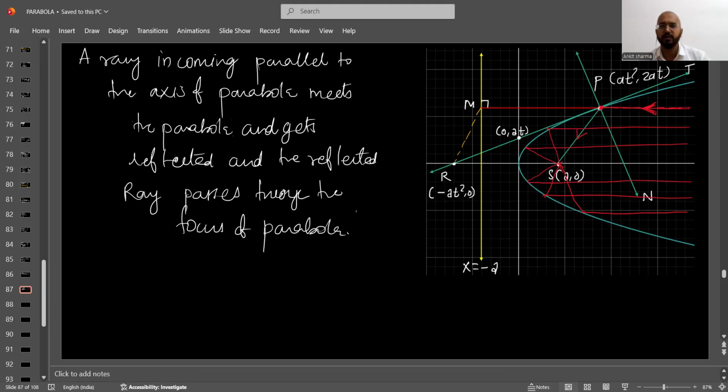And this is what we have to prove. And this is what our reflection property of the parabola is.